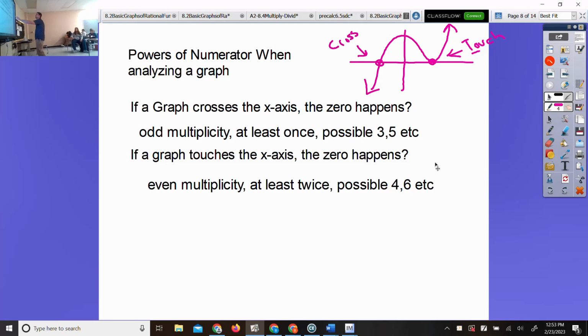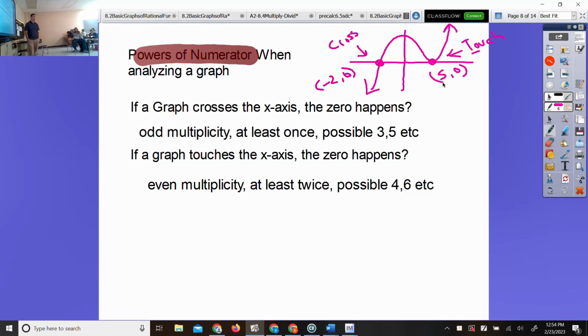This is actually titled Powers of the Numerator. I mean, you're dealing with fractional things in this particular section, aren't you? So while we're at this thing, let's do something old. Let's say that this point right here is at negative 2, 0, and that point is at 5, 0. Why not?